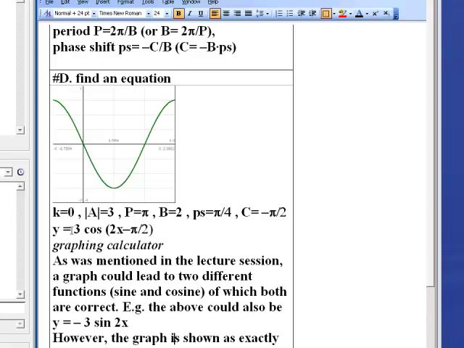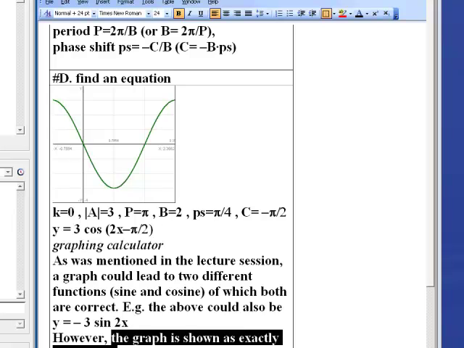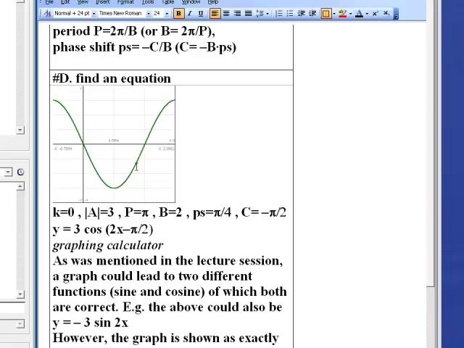Why did we choose this cosine here? Because the graph that is shown is exactly one period of the look-for function, and that takes away the ambiguity. So it's exactly one period here, and that means this must be a cosine. That's what's asked for. That's the preferred one. But as I said, the other one is still correct as well.